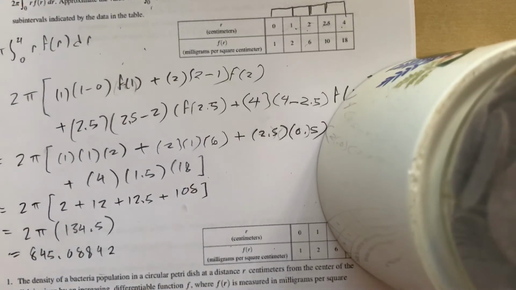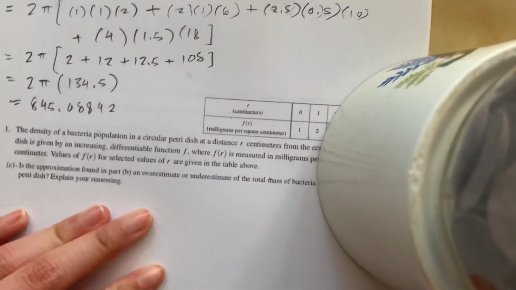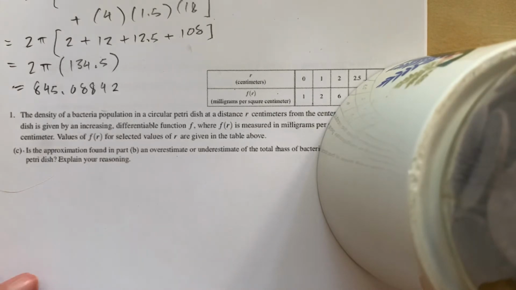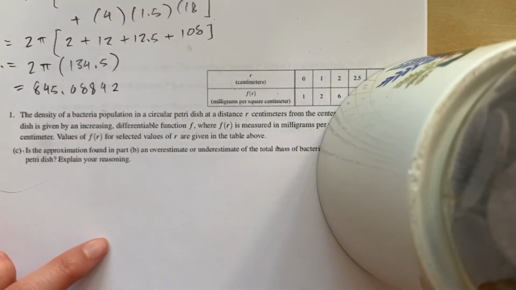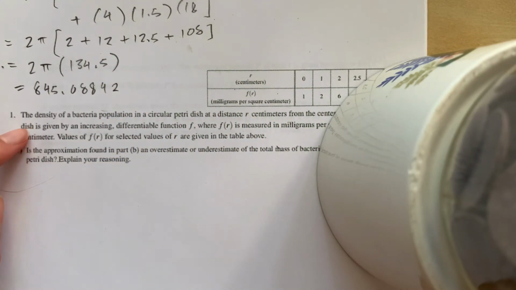All right, so the last problem on this page is 1C, and it asks if the approximation is an overestimate or underestimate. It's an overestimate because this function, if we look at the graph, is increasing, plus we used a right Riemann sum. When you use a right Riemann sum and the function is increasing, the approximation is going to be an overestimate. So I'll just write that down.